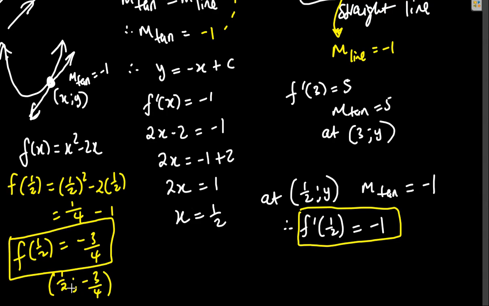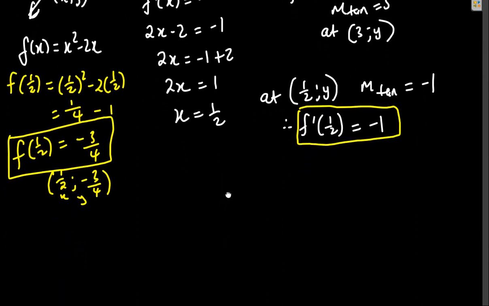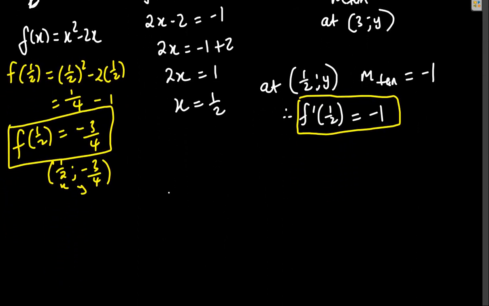I hope that sinks in. So now that we have x and then we have y, we substitute now in here, right? We substitute in there. So therefore, since y is equal to -x plus c, where I see y, I put -3/4.